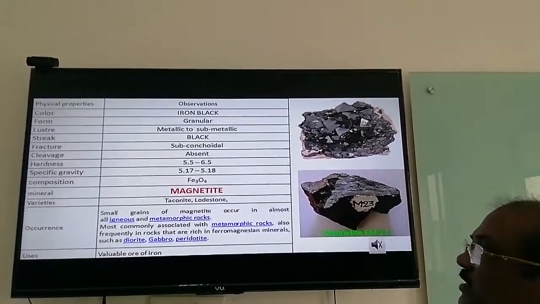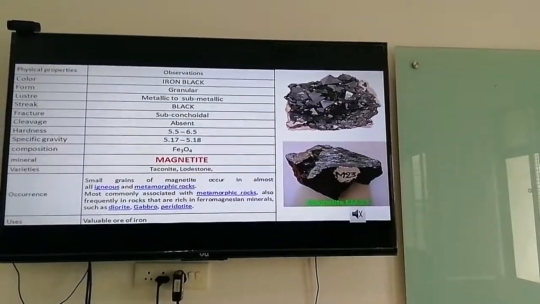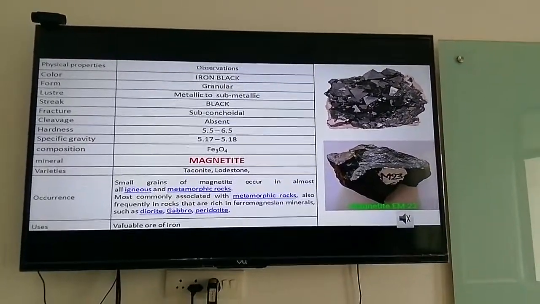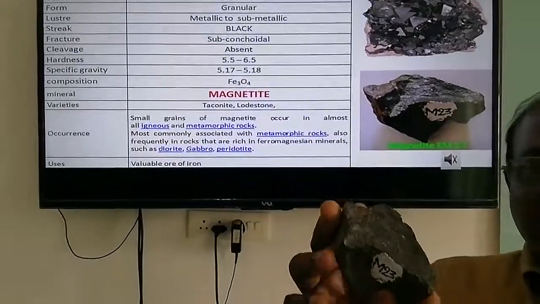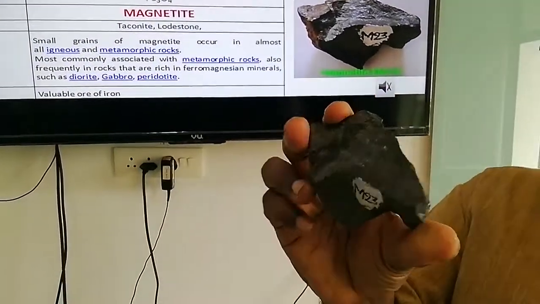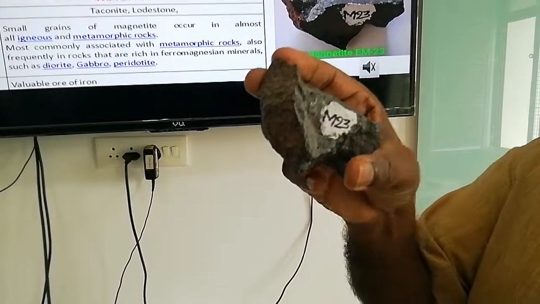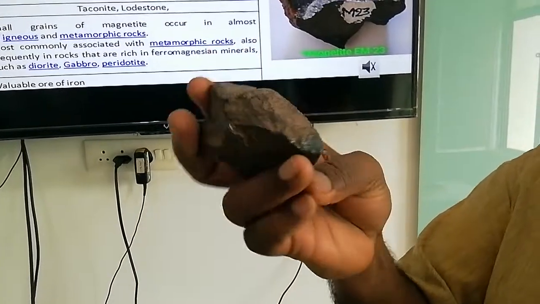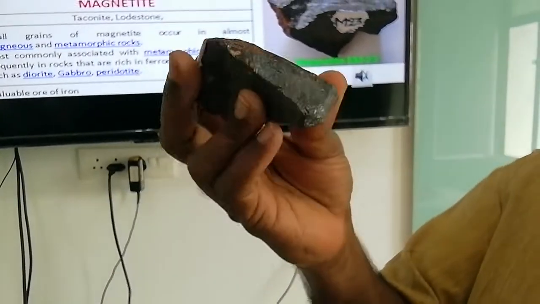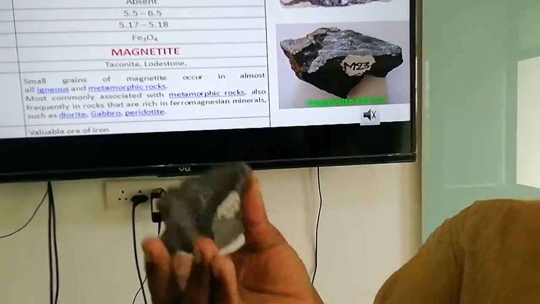And uses, it's a valuable ore of iron. If you see the specimen, this is M23, which is called magnetite and shown clearly in the monitor, and its color is iron black.